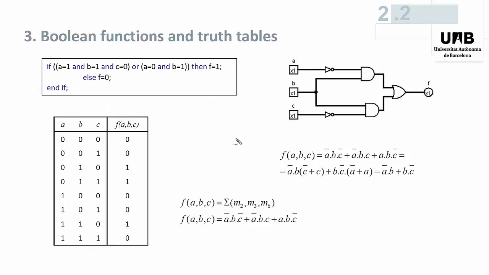Then, from the table, you can generate the corresponding canonical expression with as many minterms as ones of the function, in this case 3 ones, to which correspond 3 minterms.